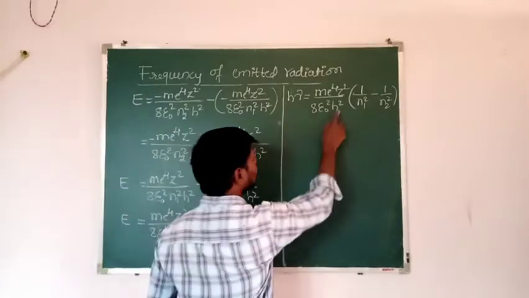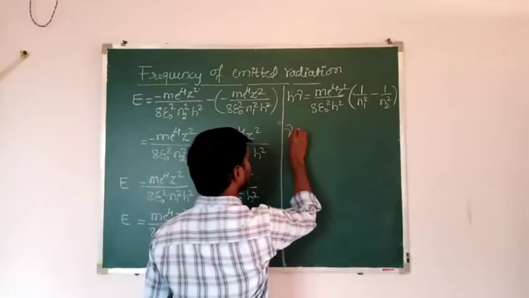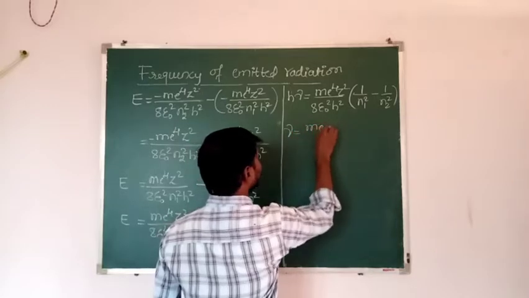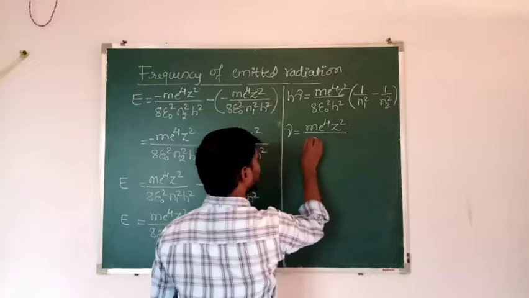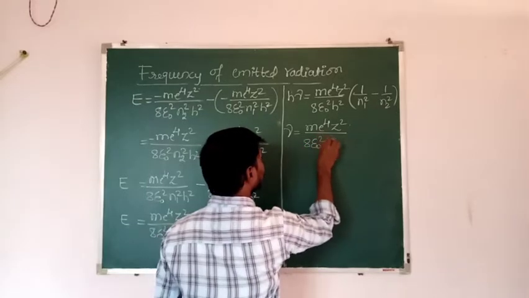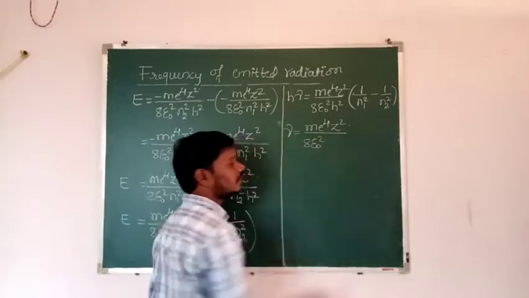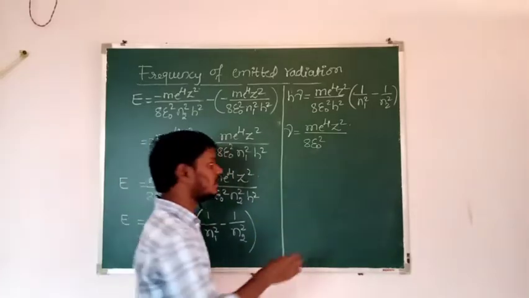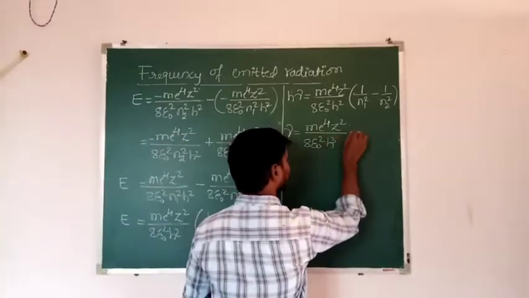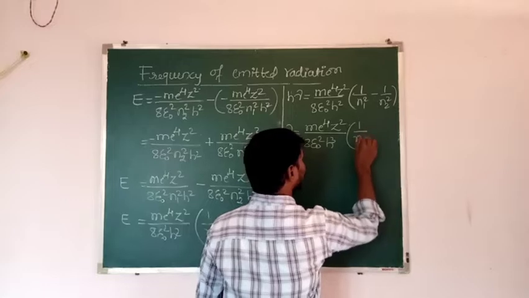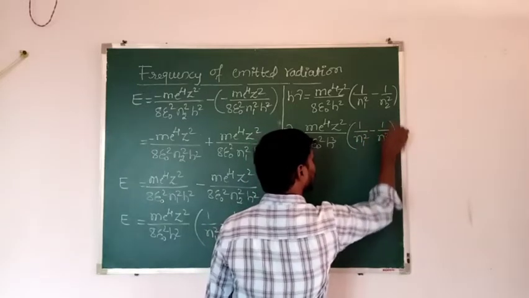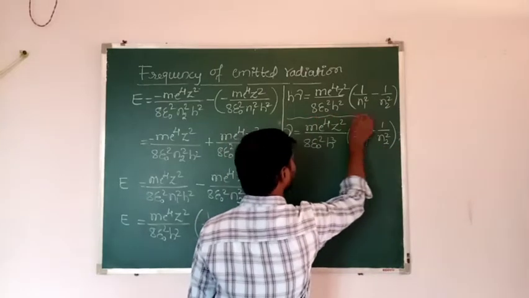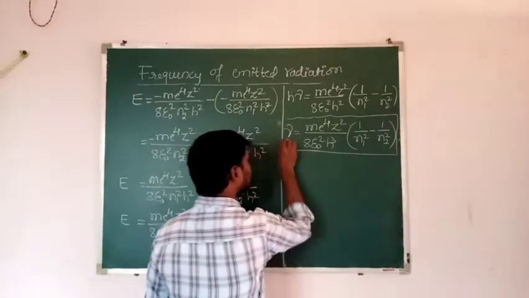Then that h comes to the denominator. Then nu is equal to m into e raised to 4 into z square divided by 8 epsilon naught square into h into h square, that is h cube, into 1 by n1 square minus 1 by n2 square. Then this is the frequency of emitted radiation.